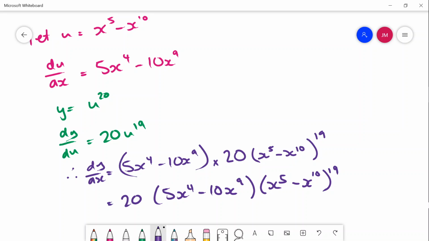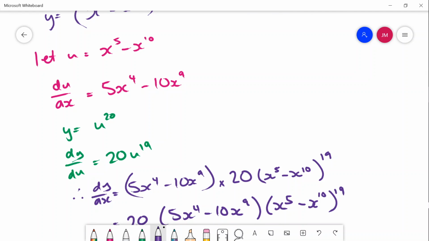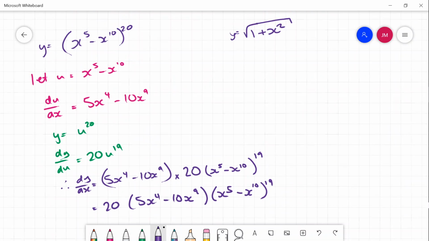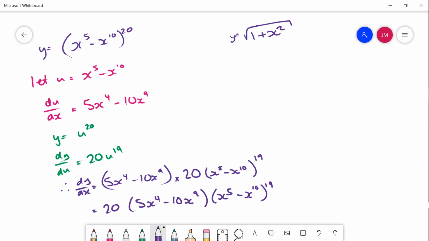Okay? So, recapping those steps, if you've got a power that's much bigger than 2, even if it was a cubic and you're feeling particularly lazy on that day and you didn't want to do it by hand, just let the entire bracket equal u, find du/dx, then write y in terms of u, so it's just whatever the bracket to the power of 20 in this case.